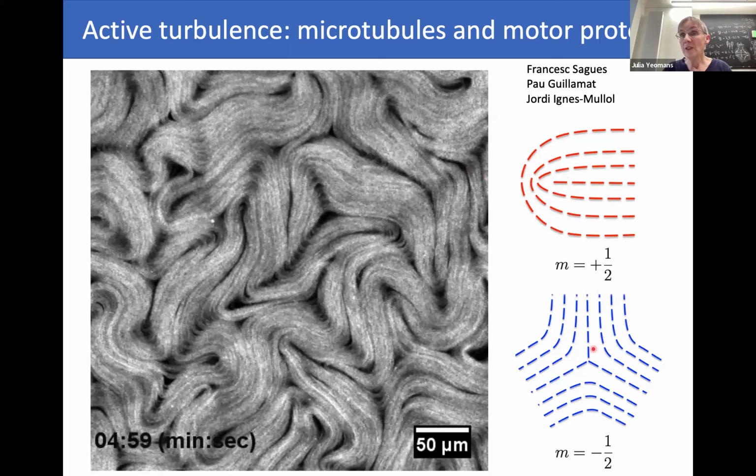These minus halves also produce flows because the director field is changing, but the flows balance because of the symmetry. They balance, so this thing is not self-propelled, but it is a source of flow fields.